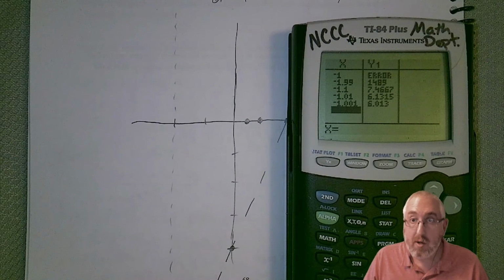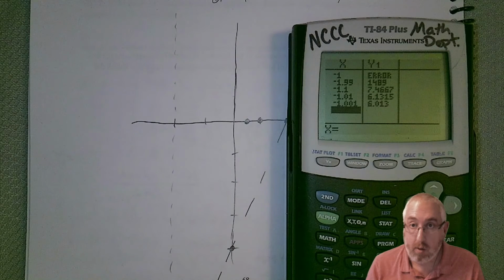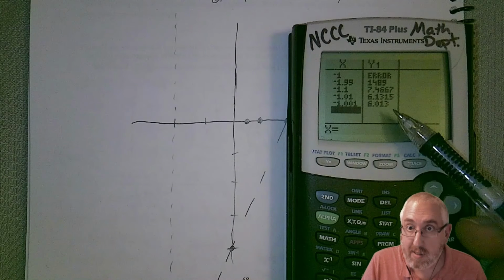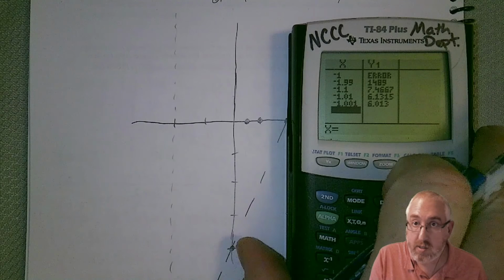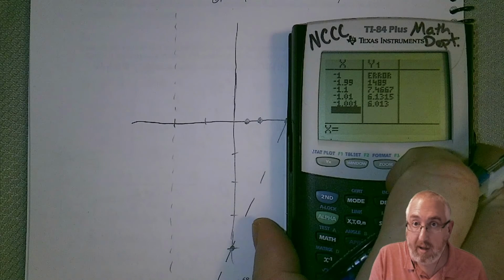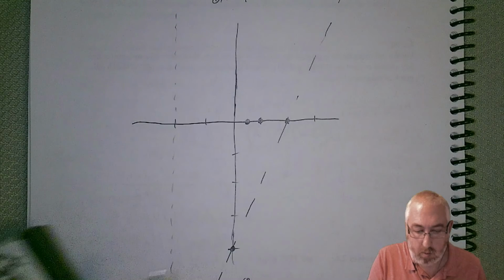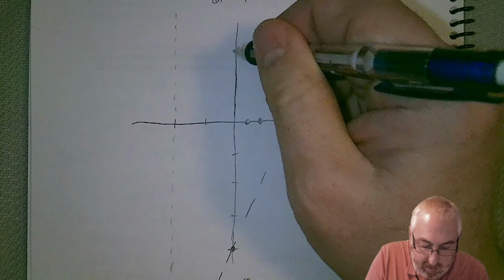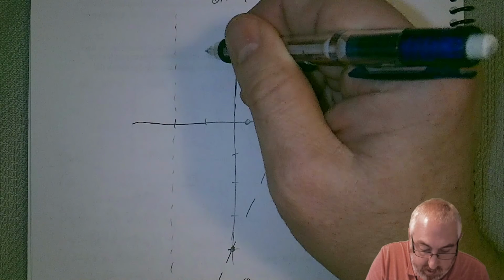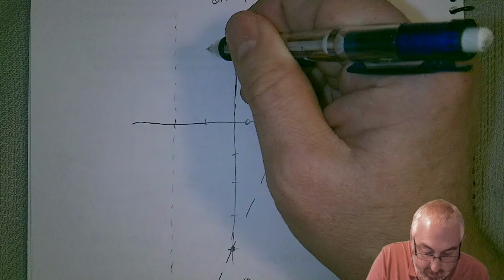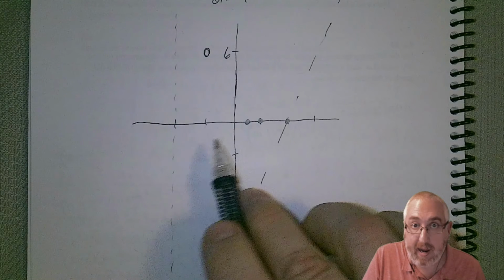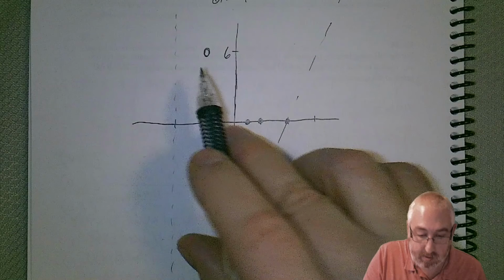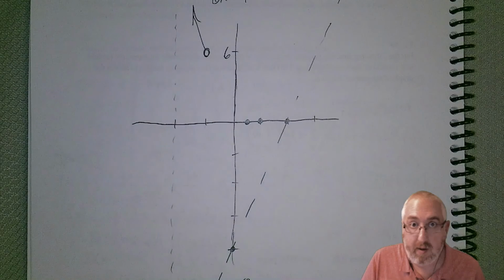So it looks like it's getting really close to 6. It's never going to quite reach it, but at least we know what's happening close to that value of x. So if this was 6, there's going to be an open dot at -1, 6, and this is going to go up off to infinity.